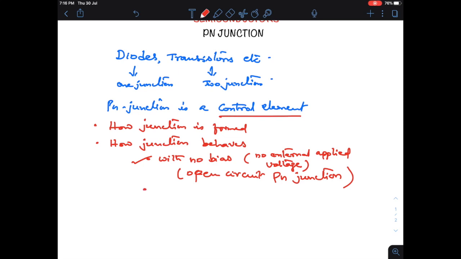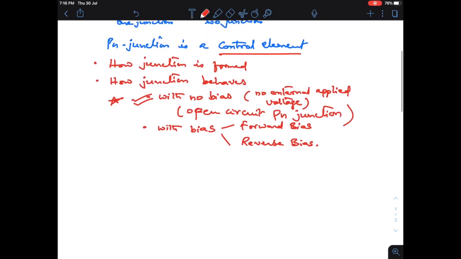We will also discuss in the next video the junction with a bias, and there you have forward bias and reverse bias. So, we will confine our discussion only to this particular point in this video.